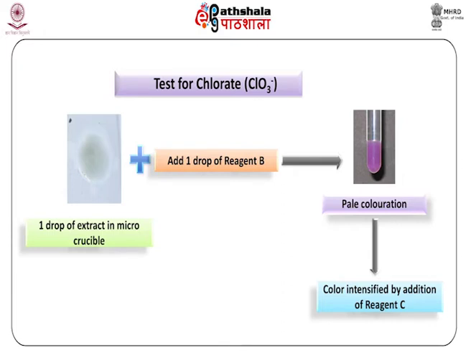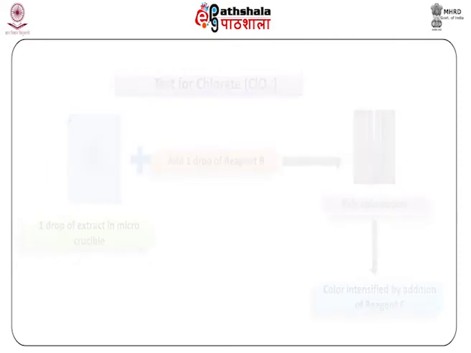The appearance of violet coloration can be seen. Very pale coloration may be intensified by adding a drop of reagent C. A deep violet color is formed due to the oxidation of diphenylcarbazide.